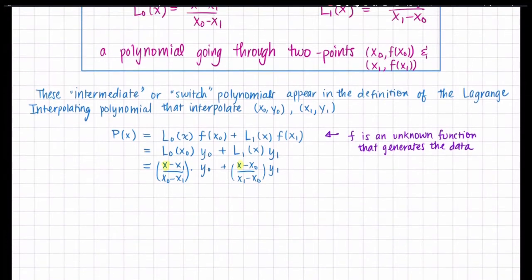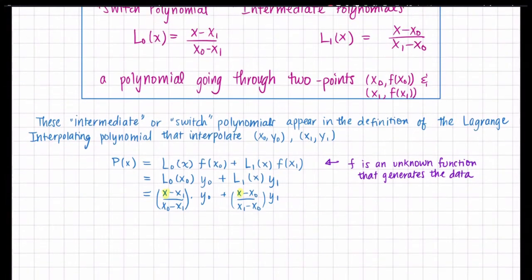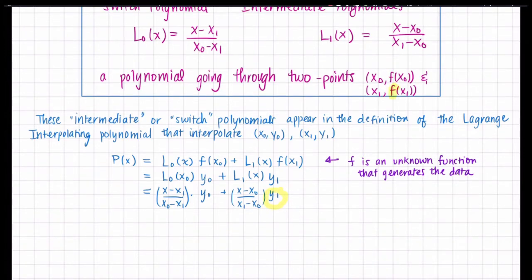So it's almost like L1 switches on when I put in x1, and that's what I want to ensure. That way I can produce y1 as the output. That's what we want to approximate f, because we don't know what f actually is. And the idea is if we put in x1, we should output f of x1, which is y1.